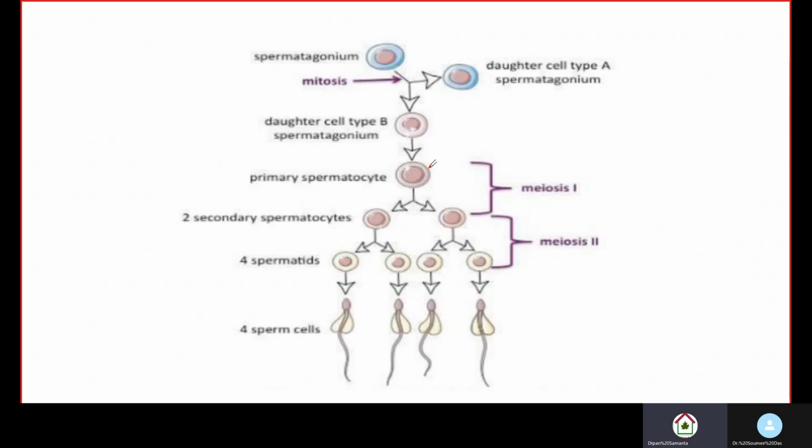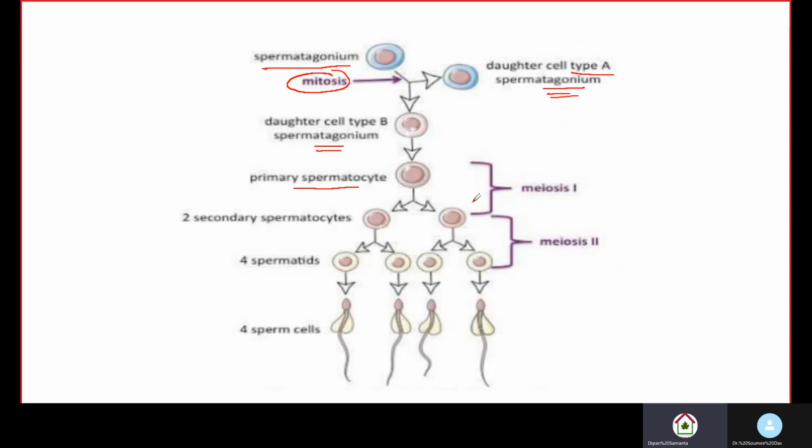Okay, this is spermatogenesis, starting with spermatogonium. Then it undergoes mitosis to form two cells: daughter cell type B spermatogonium and daughter cell type A spermatogonium. This daughter cell type B becomes primary spermatocyte.